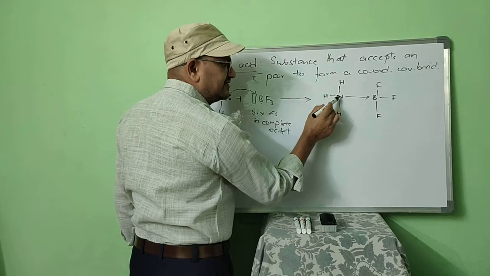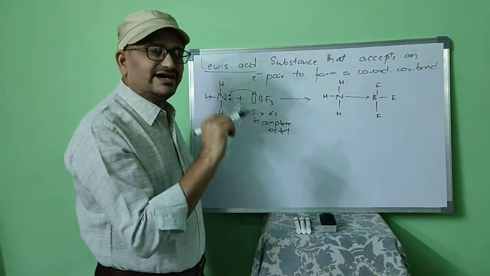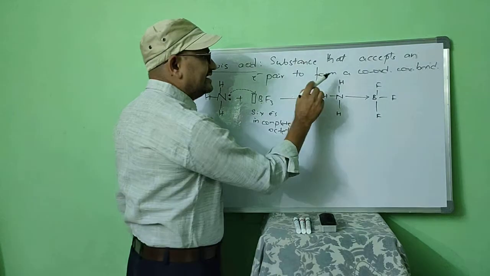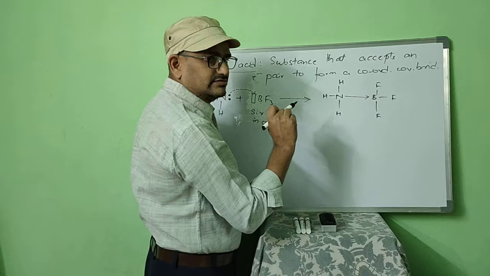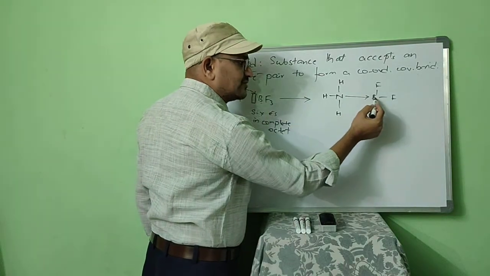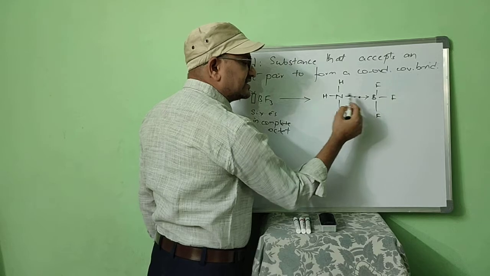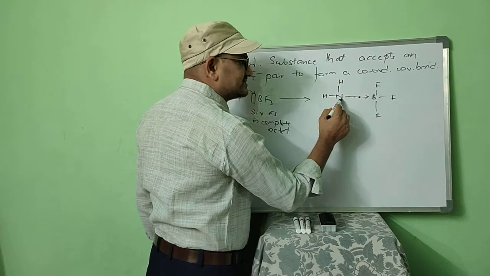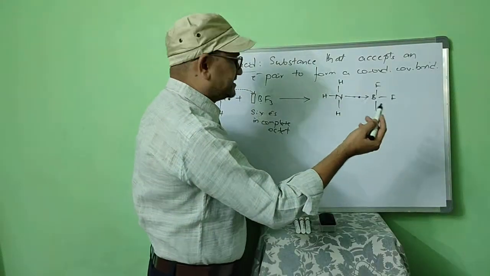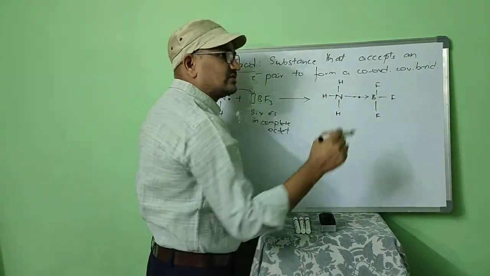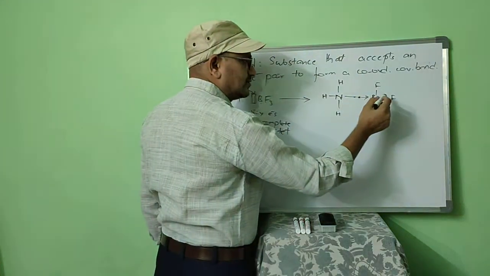This covalent bond between nitrogen and hydrogen is formed by equal contribution of both the atoms. Here hydrogen is contributing 1 electron, nitrogen is also contributing 1. But in this particular bond formation, the electron pair to be shared is being contributed by only one of the bonded atoms. With this coordination, as a covalent bond is being generated, this type of covalent bond is called a coordinate covalent bond. So this is a coordinate covalent bond.